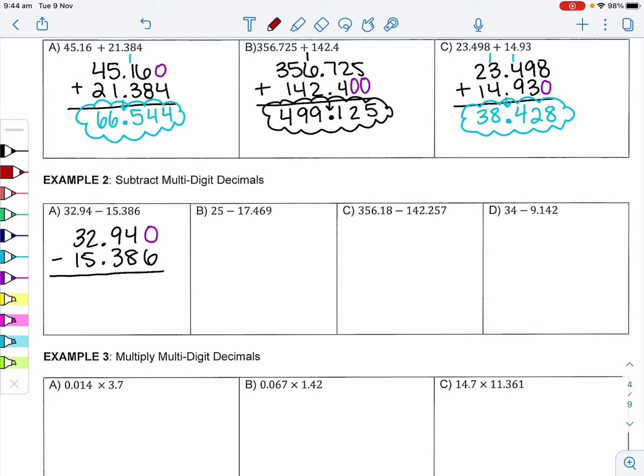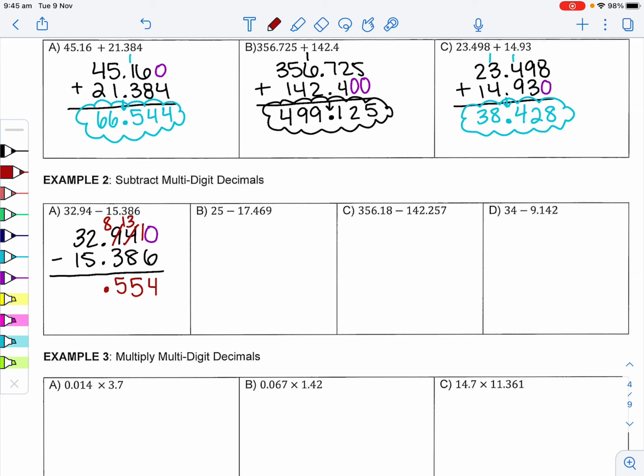So when I start my subtraction, I have to actually borrow from this 4. Because 0 minus 6 is not possible at this time. So 10 minus 6 is 4. Then I have to borrow again because I cannot do 3 minus 8. So 13 minus 8 is 5. 8 minus 3 is also 5. And then my decimal needs to come straight down.